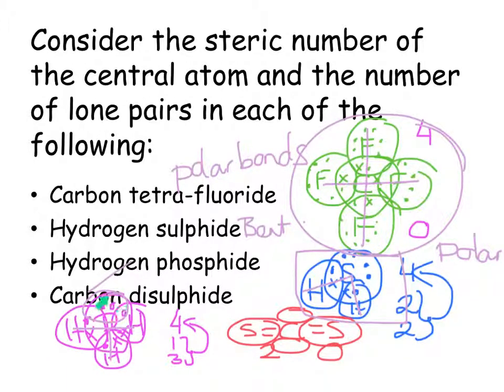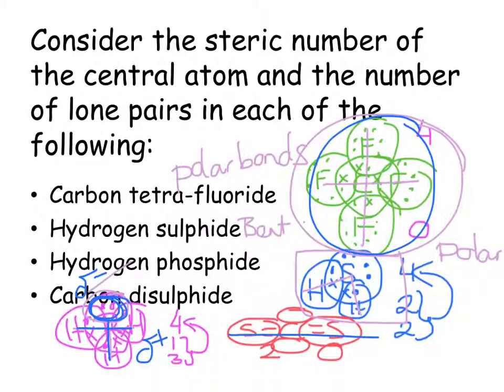But because of this lone pair over here, that will cause a slightly negative and a slightly positive to arise. So overall, it is a polar molecule, but it has non-polar bonds, which is different from this, where you've got polar bonds and symmetry. Here you've got non-polar bonds, but you have asymmetry because of that lone pair. So its shape is going to be trigonal pyramidal, just like ammonia. And the carbon disulfide is going to be linear, just like carbon dioxide.